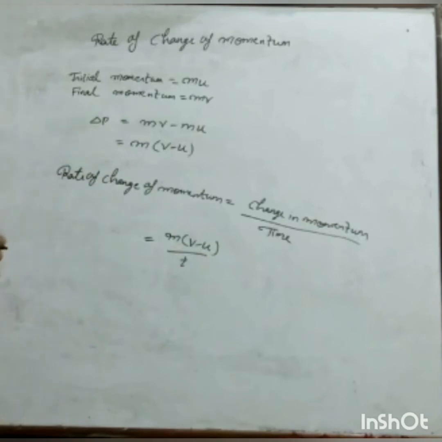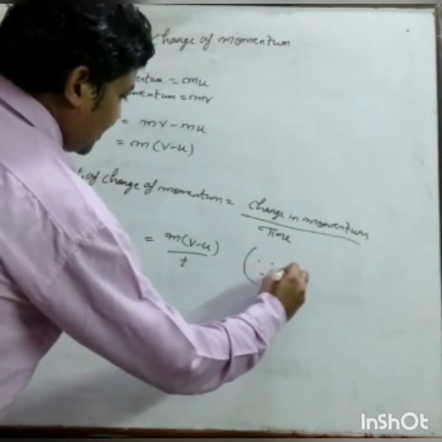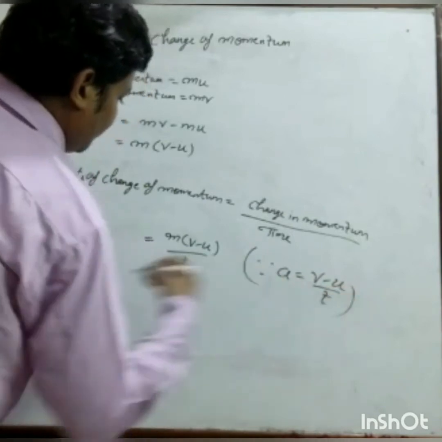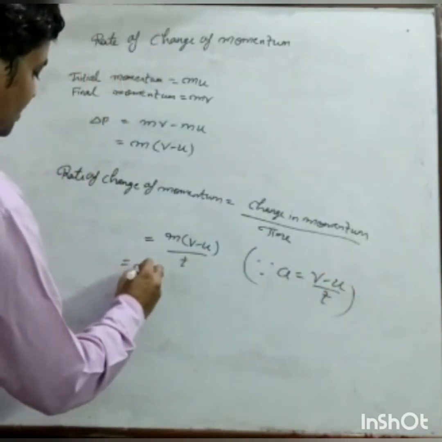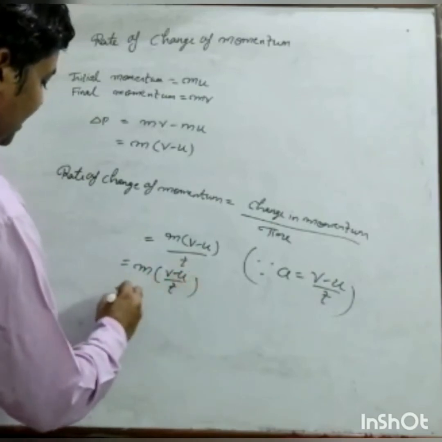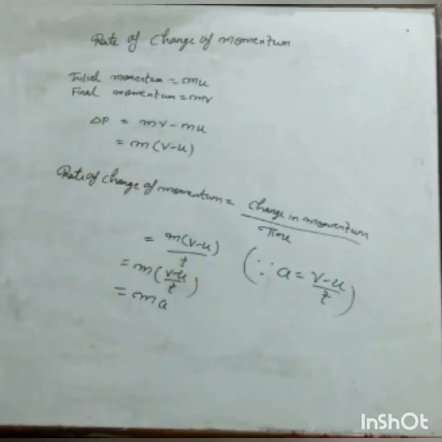You know that acceleration is equal to v minus u upon time. So this is m times v minus u upon time, which is m a. So the rate of change of momentum is equal to ma.